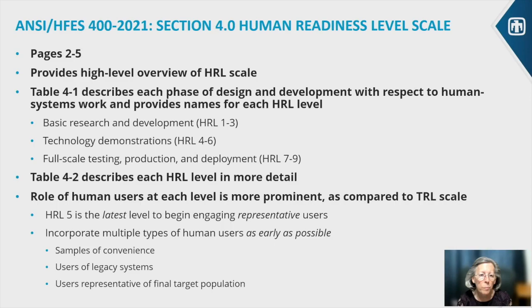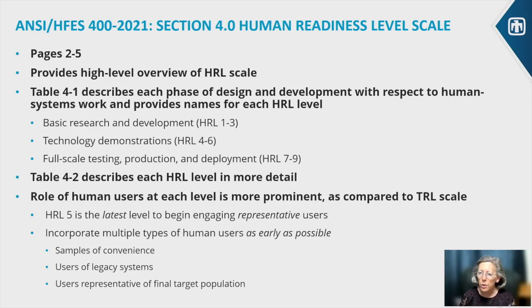All right, the next section, 4.0, is the Human Readiness Level Scale itself. So this is a high-level overview of the HRL scale. Table 4-1 describes each phase of design and development with respect to the human systems work, and it provides names for each HRL level.